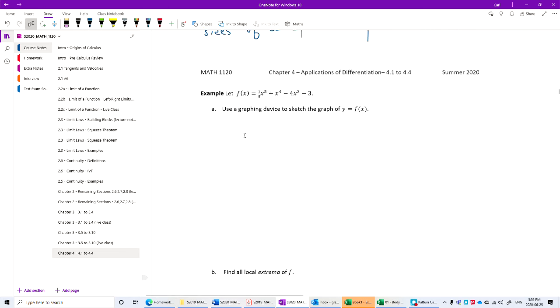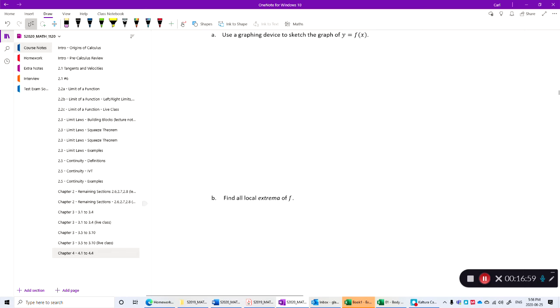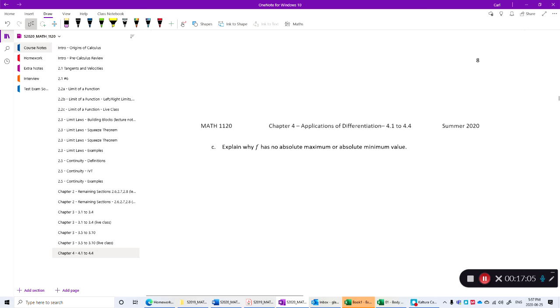We're going to look at a more complicated function. It's a quintic, a fifth power. We're going to use Desmos to graph the function, and then we're going to find the extreme values using calculus. Okay, and that's our last example.